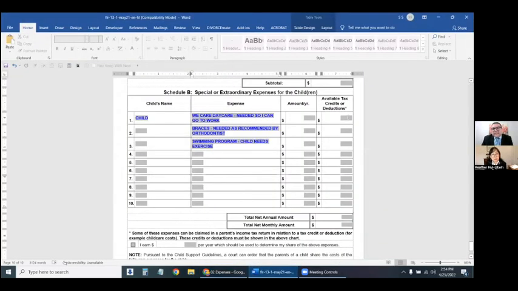Number 3 is that you need to know that the law says that if there's a tax credit or deduction related to an expense off the top, as we say, that will be factored into the calculation of the expense for the purposes of sharing the expense. So very simply said, if you have a daycare expense and you have subsidies for it, so the expense is, I'm just making this up, $5,000 over the course of the year, but they will give you a subsidy of $1,000, then you need to note that there is a subsidy, even if you don't know the amount.